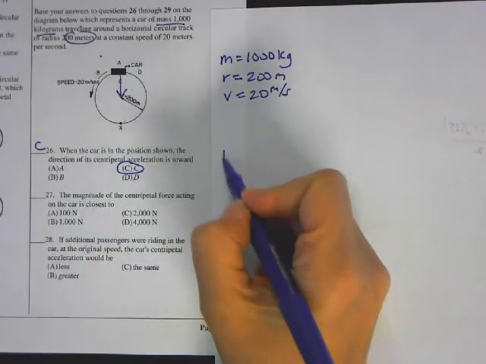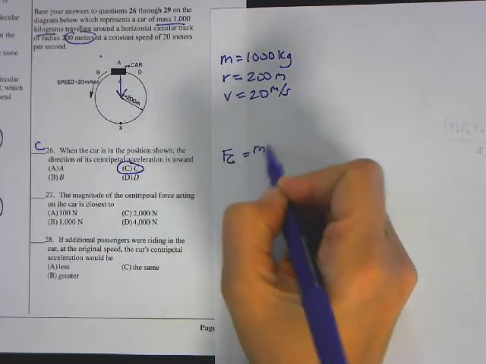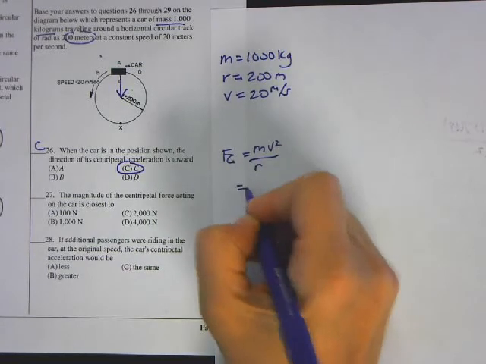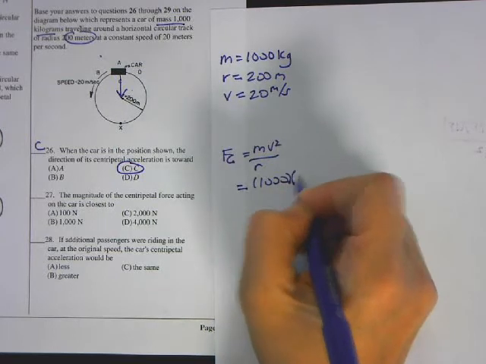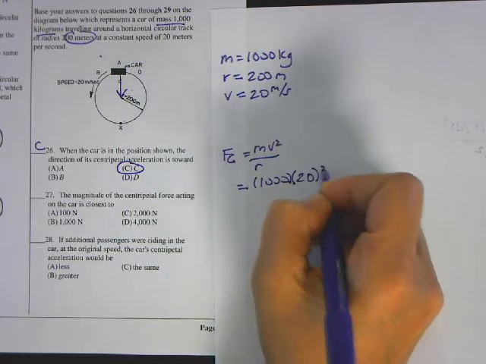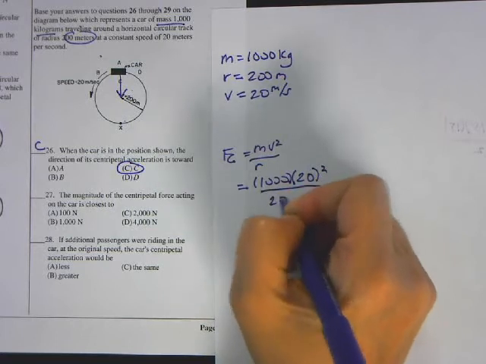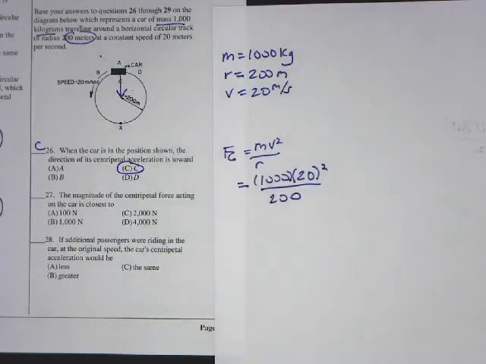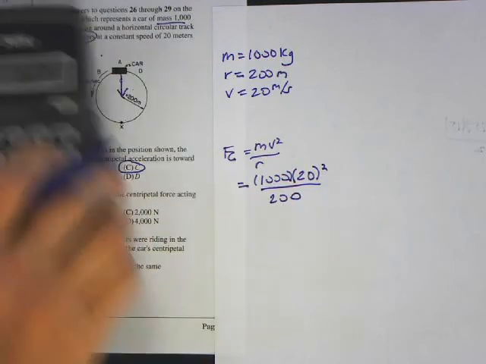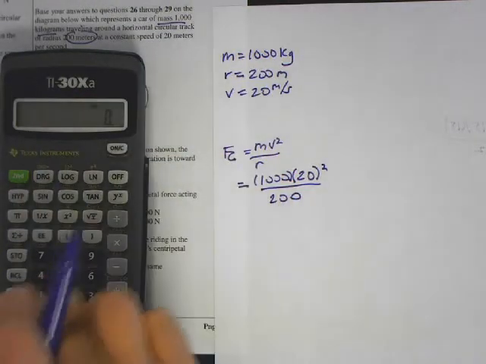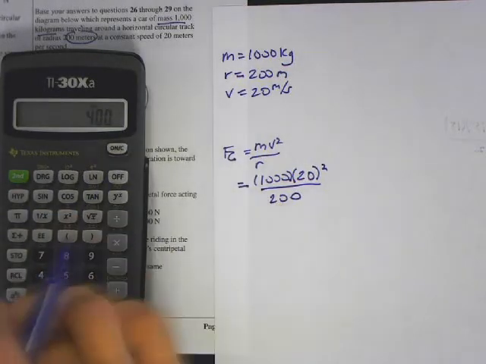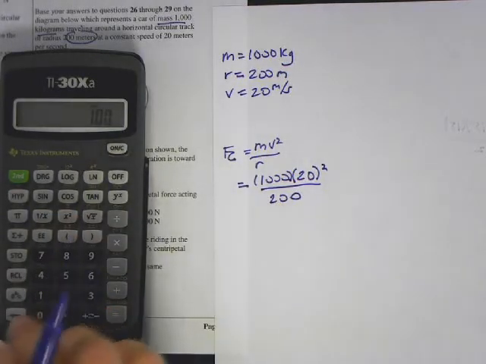So it's going to be 1,000, my mass, times 20 squared over 200, which is my radius. Now I'll take my calculator: 20 squared times 1,000 divided by 200 comes out to be 2,000. So that's C.